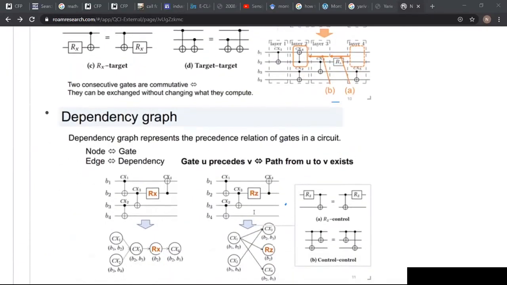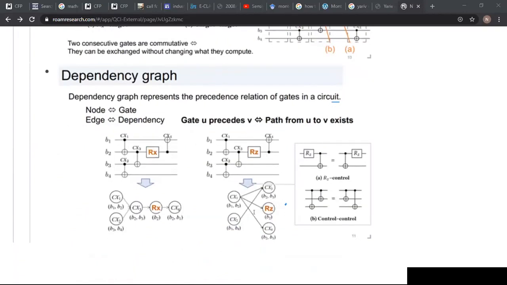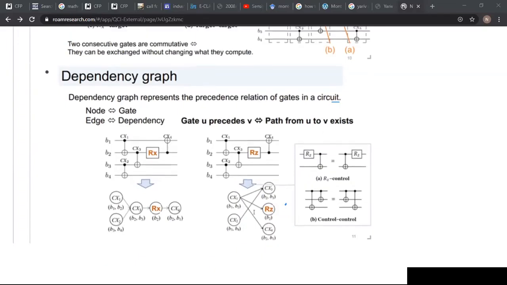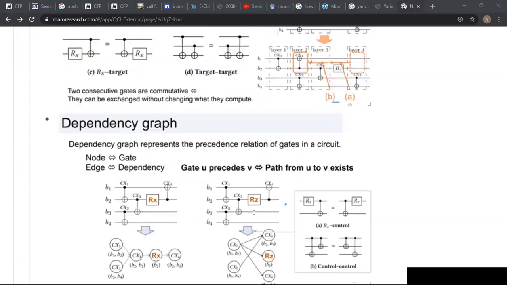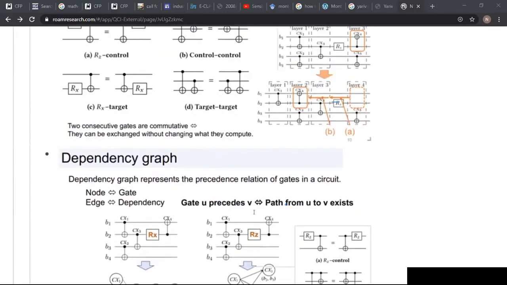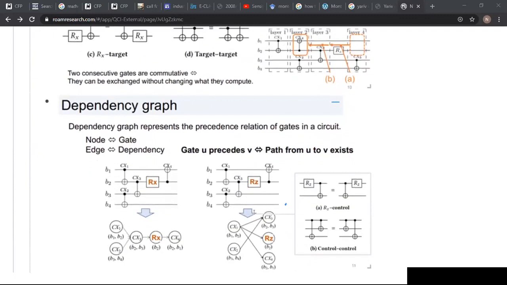And then we saw the dependency graph, which tells the connectivity: since this gate has been applied for these two sets of qubits, even the next gate can be applied. It depends upon the coupling graph, they are interconnected with each other. So yeah, I conclude now.